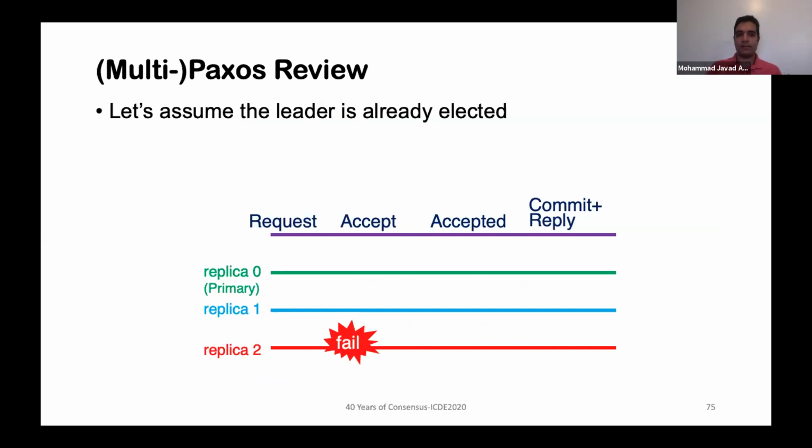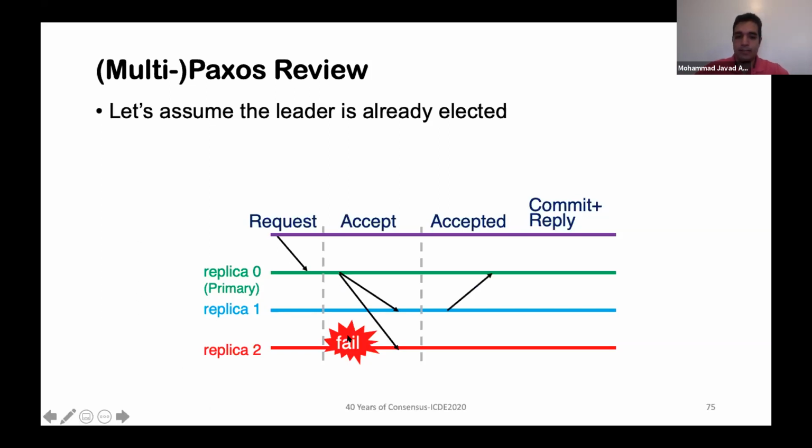In multi-Paxos, you remember multi-Paxos was the same as Paxos, but we assume the leader is elected. So we have a stable leader, and we can rely on that elected leader to process many requests. So we assume replica 0 is already elected as the leader. The client sends its request to the leader, the leader sends an accept message to all replicas, and let's assume replica 2 has crashed.